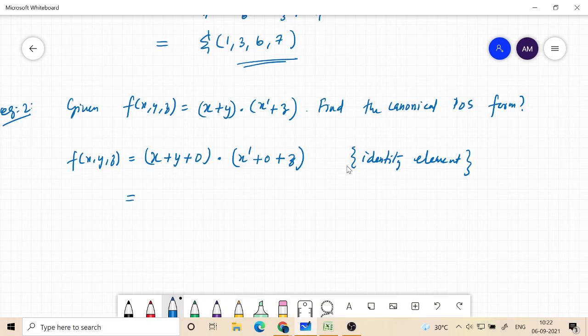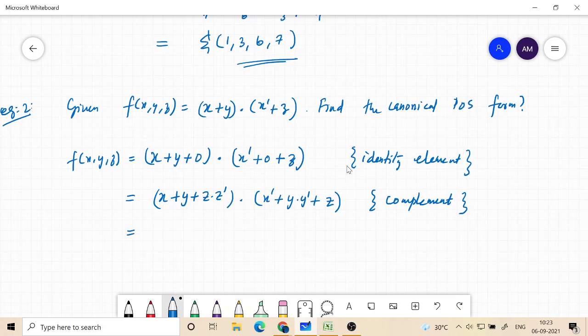Now what will I do? I replace the 0 with z dot z bar, and y dot y bar. This is basically the definition of complement.